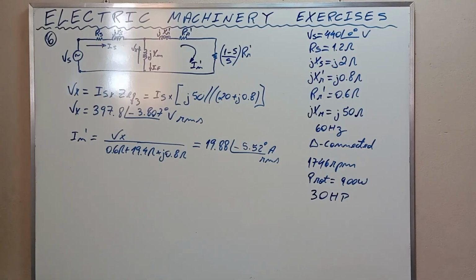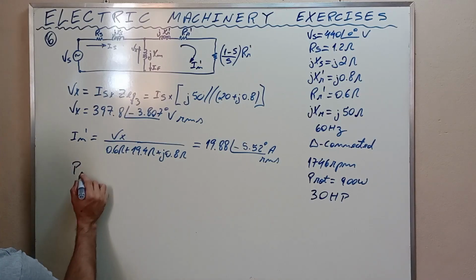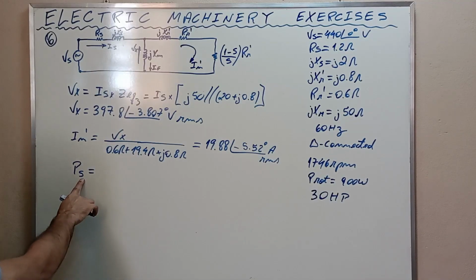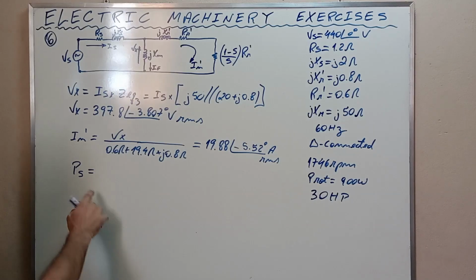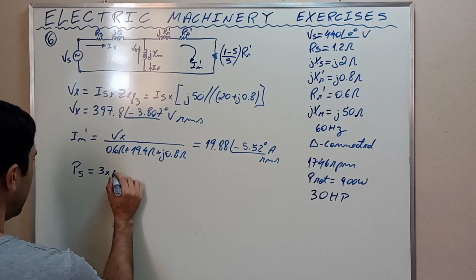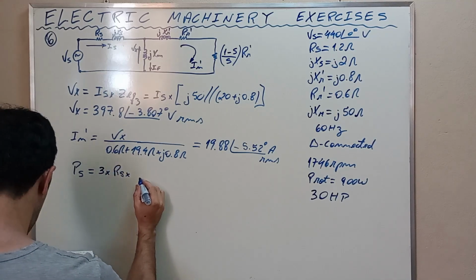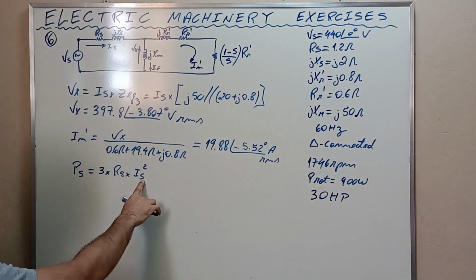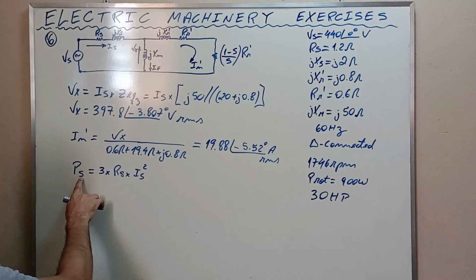Now the copper losses in the stator and the rotor. We are going to calculate the copper losses in the stator first. S means stator. The copper losses in the stator are 3 times Rs times the current squared. This is the current of the source, and this is the copper losses in the stator.